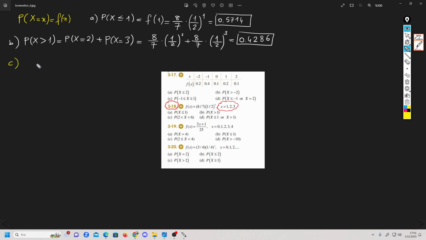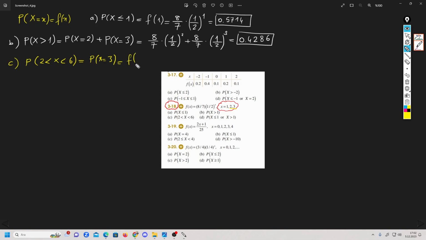Okay, let's calculate C. P now x is between 2 and 6. This means that we have just two values in this interval, which is not 2, I'm sorry, just 1. P of x equal to 3.